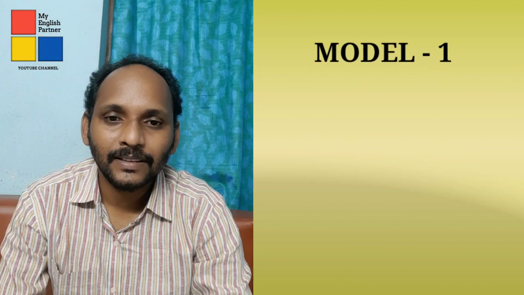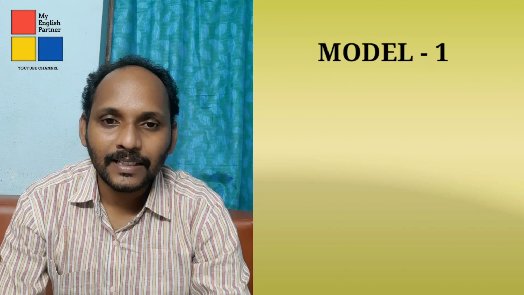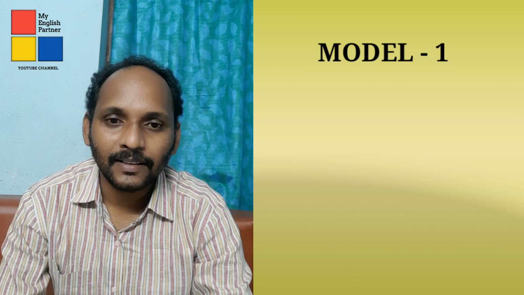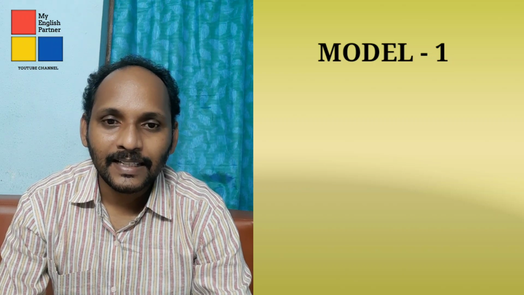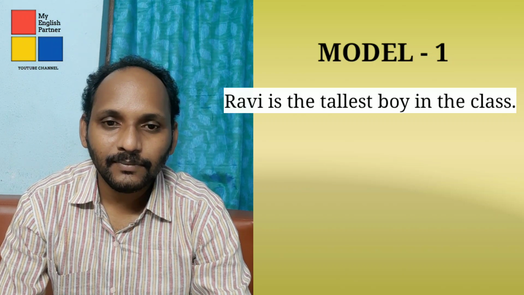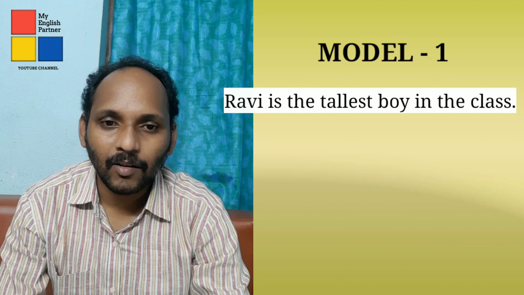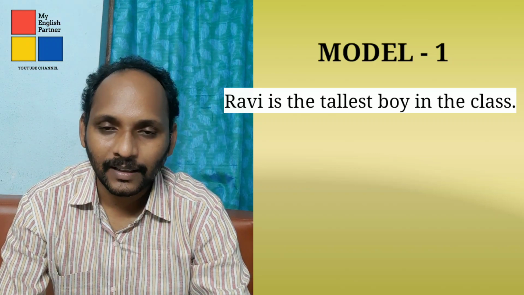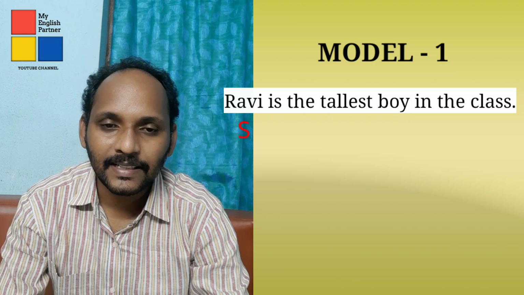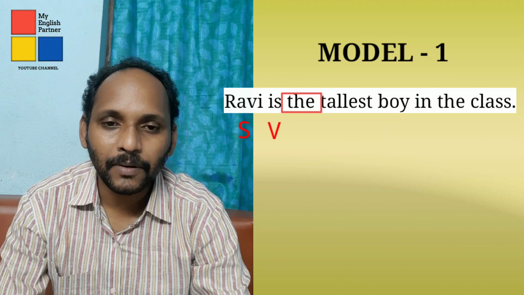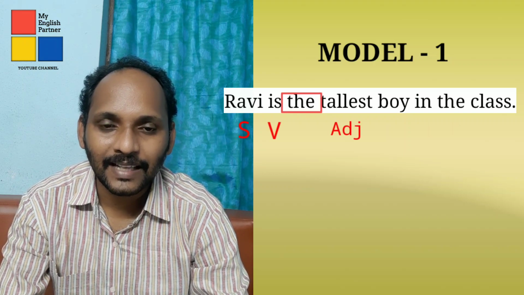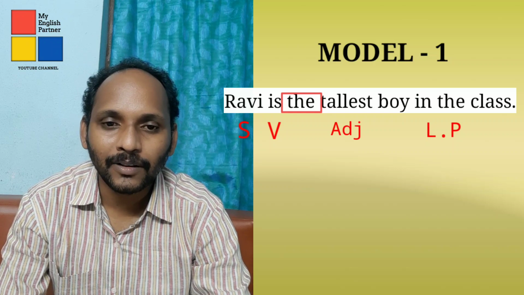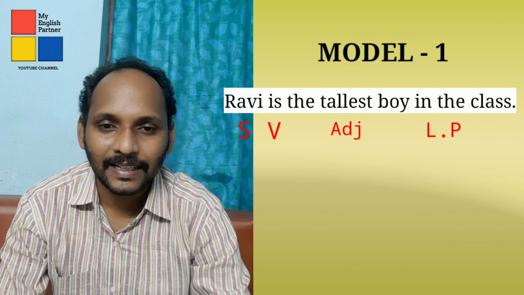Model 1. In this model, the sentence expresses that the subject has its highest degree. Ravi is the tallest boy in the class. Ravi is the subject, is the verb, the is the additional part, tallest is the adjective, the remaining part is the last part of the sentence.